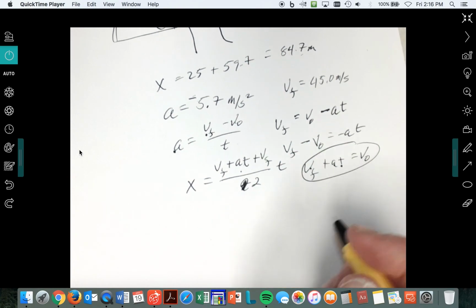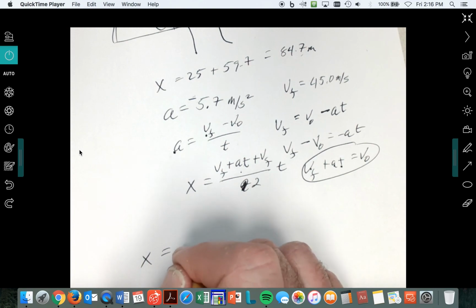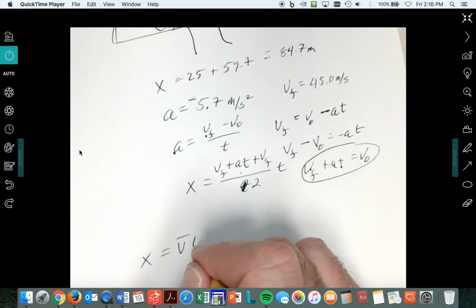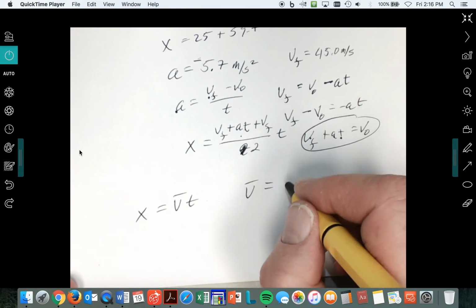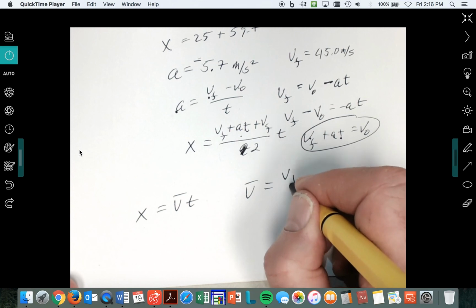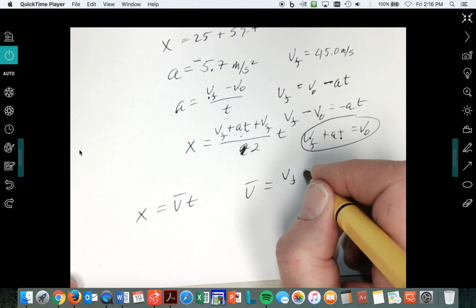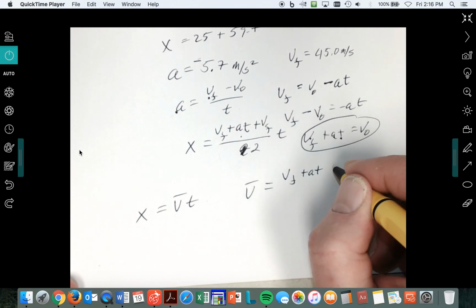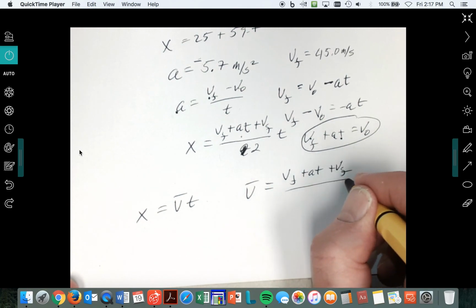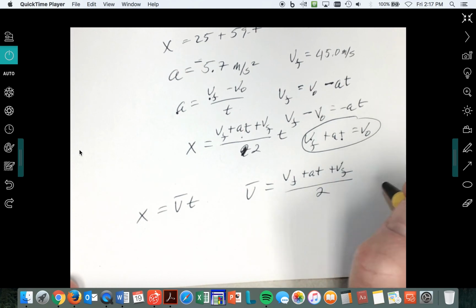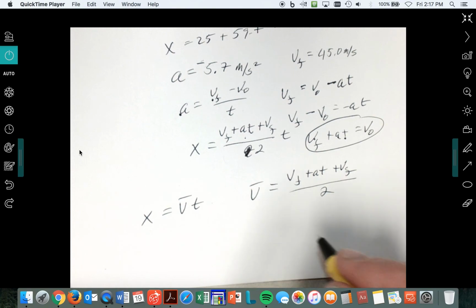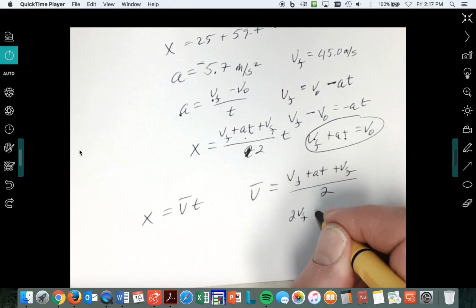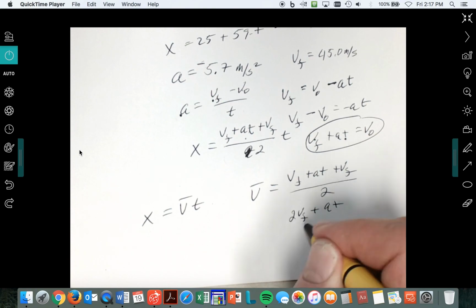Okay? So in other words, I'm saying x is equal to the average velocity times t. And my average velocity, let me make it clearer, is equal to v final plus AT plus v final divided by 2 times t. So I wind up with 2v final plus AT over 2.